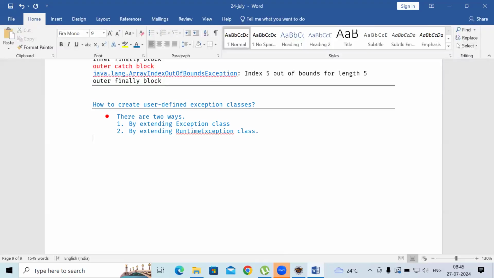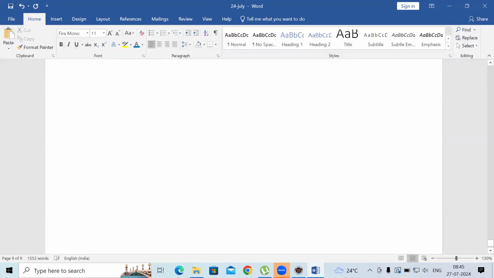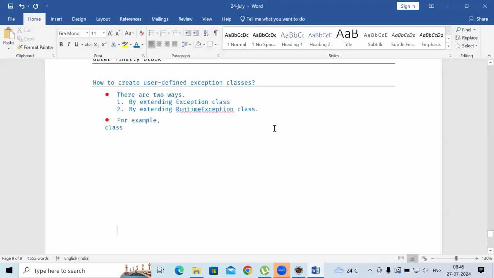For example, I'll talk more on this in a further class, but I'm just writing an example. Class is a keyword. I can put public also.